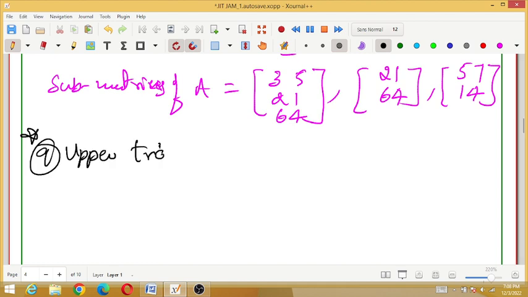Upper triangular matrix. This is important.